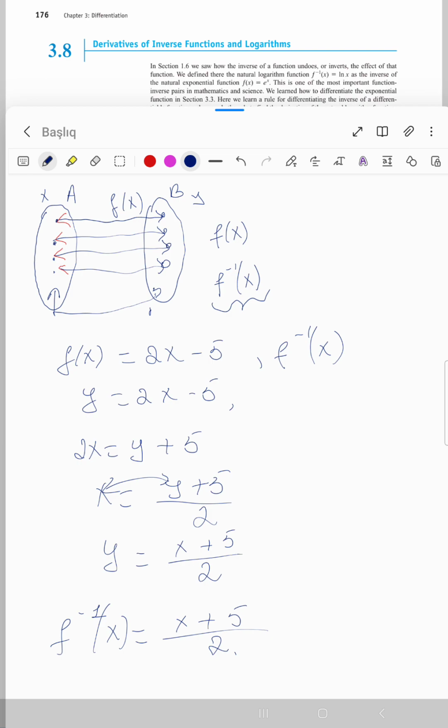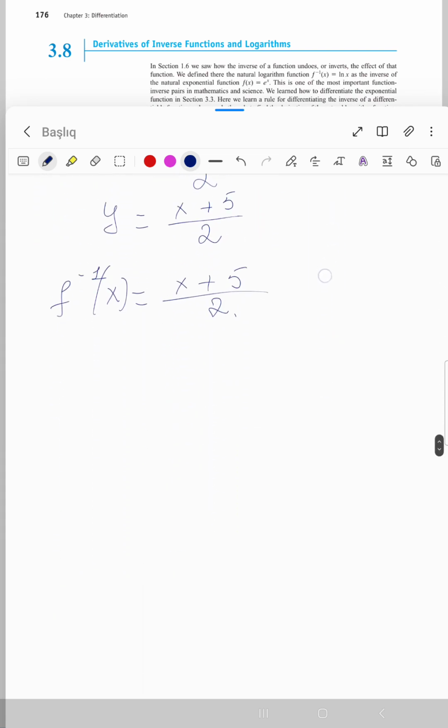And one more important thing about inverse functions is the graph. You have to remember just one key point here, and it's important. When you graph f(x) and the inverse function of that function, their graphs will be a reflection of each other across the line y equals x.